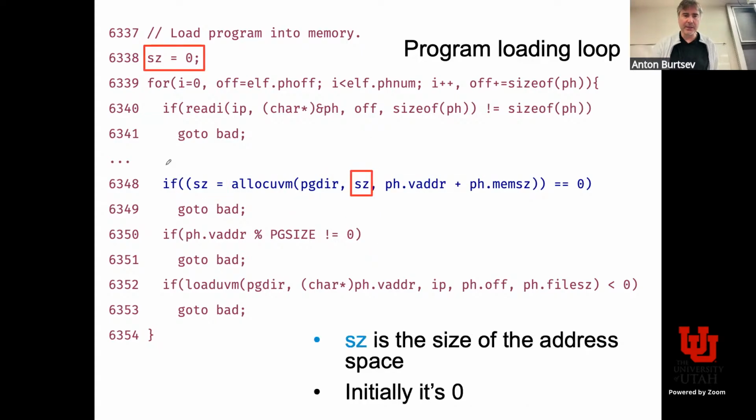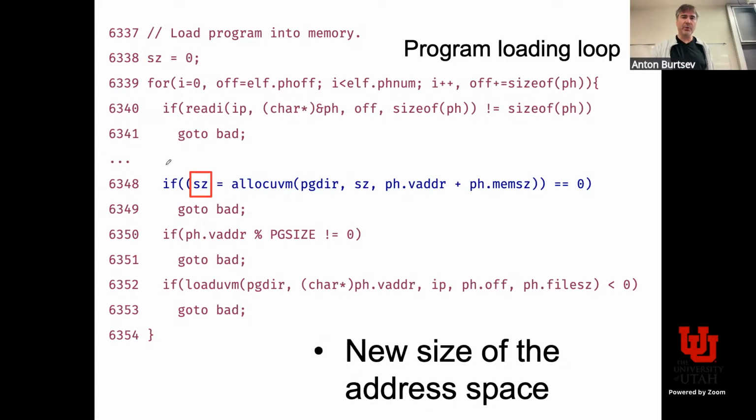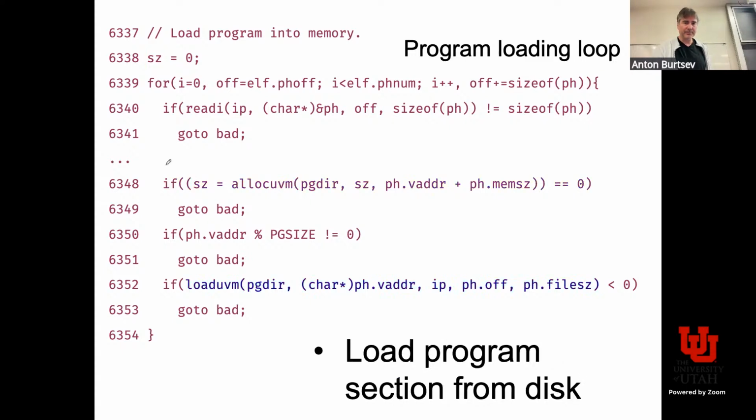Okay, let's take a look at this allocuvm function. So again, I'm just discussing here in my slides the size variable and how it's running, essentially the size of the address space. Okay, high level overview first. If you allocated those pages, and you know that allocuvm already allocated and mapped those pages, at this point you can use the second function, loaduvm, which essentially will just take the same page table, take the virtual address of where the specific segment has to be loaded, and you say, look, this is the offset of the segment, and this is the size, so please load it at this address.